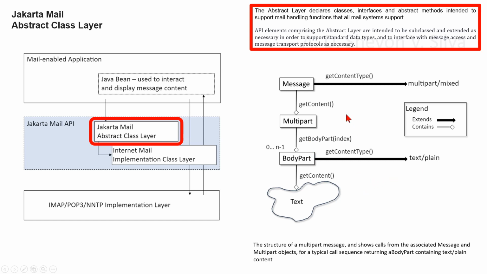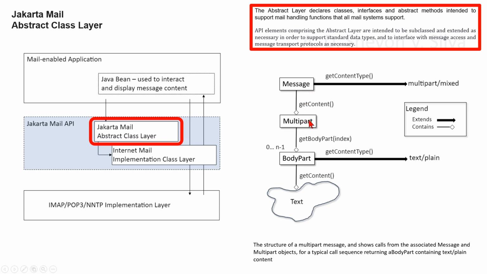Typically, the client calls the getContentType method to get the content type of the message. If getContentType returns a MIME type whose primary type is multipart, then the client calls getContent to get the multipart container object.